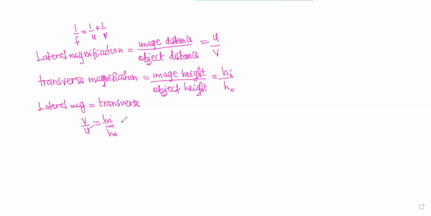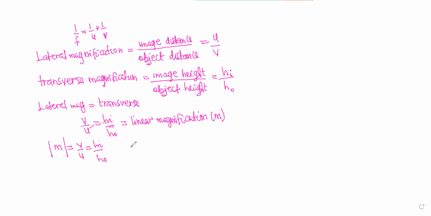This is what is equal to the linear magnification of curved mirrors. Linear magnification, small letter m. So in short, m, which is the linear magnification, is equal to V over U, and is also equal to HI over HO.